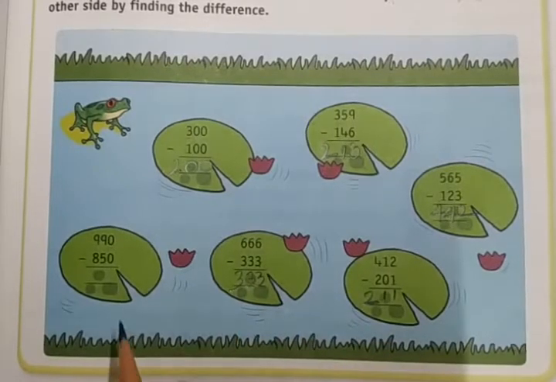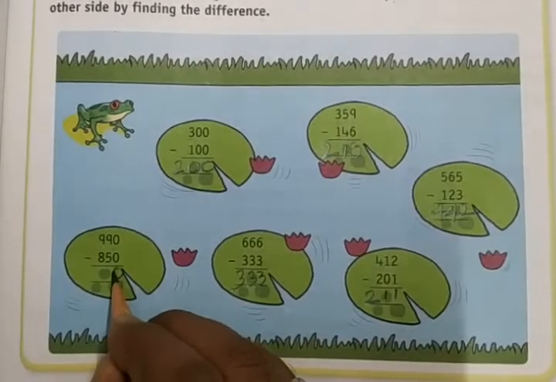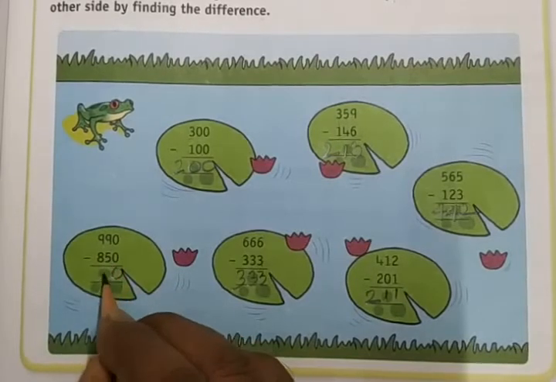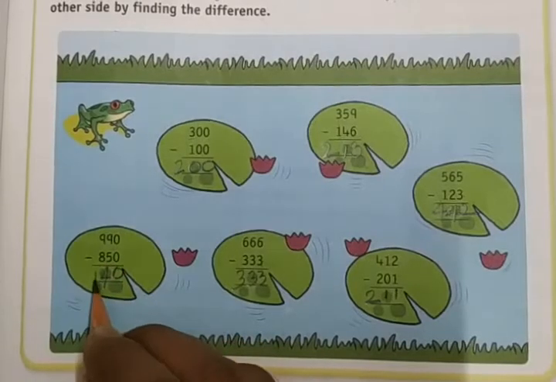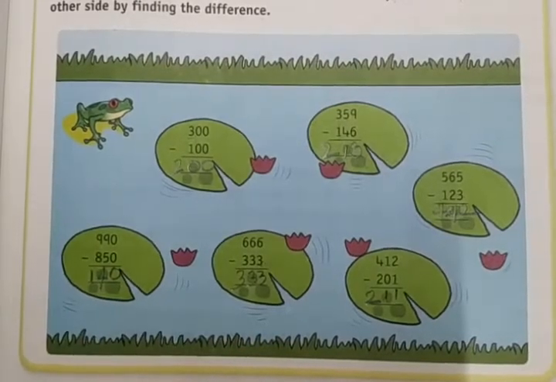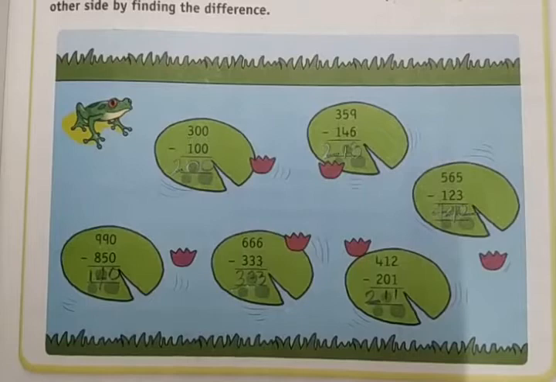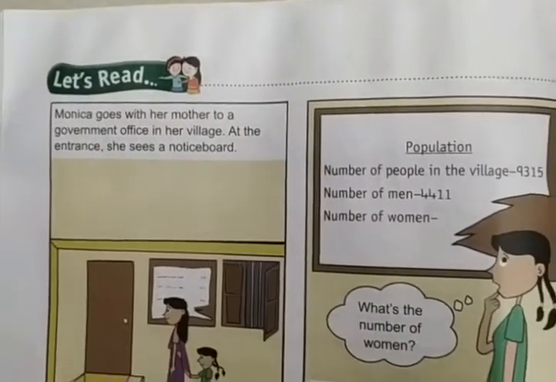And 0 minus 0 is 0. 9 minus 5 is 4. 9 minus 8 is 1. So likewise we have to subtract the numbers. Okay, move on to the next examples.